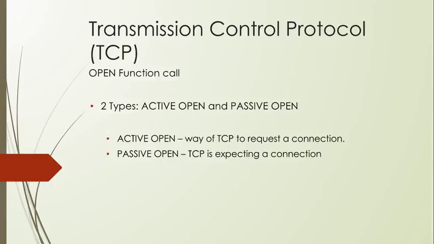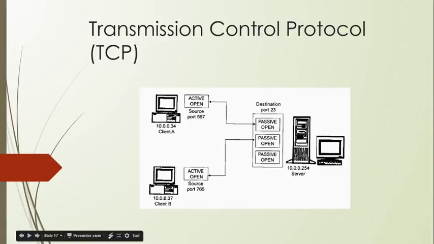For the open function call, there are two types, active open and passive open. Active open is a way for TCP to request a connection. Passive open is when TCP is expecting a connection. Now here we have two parties, client A and the server. Client A is in active open, then the server is in passive open.